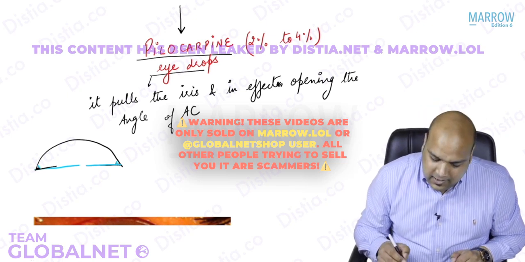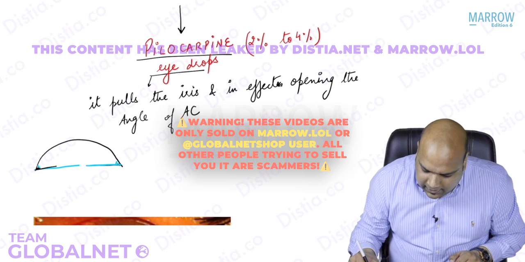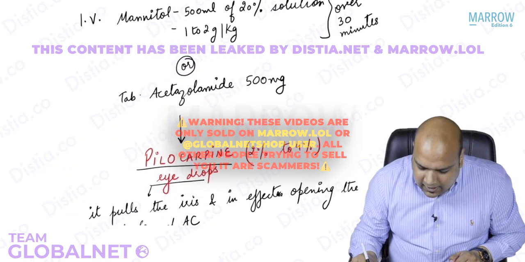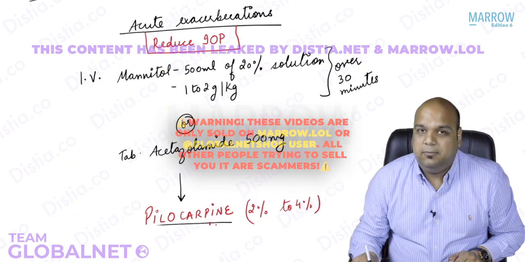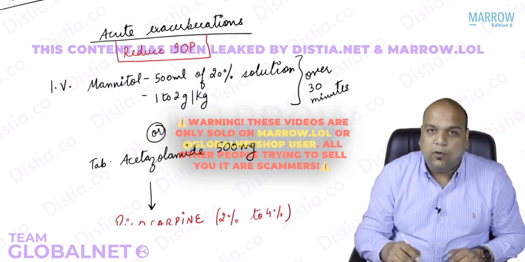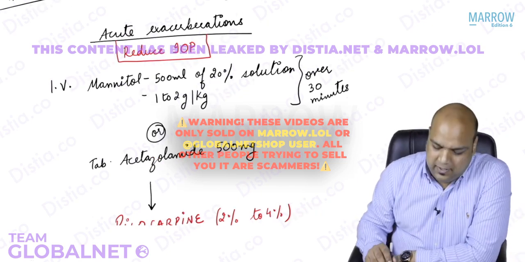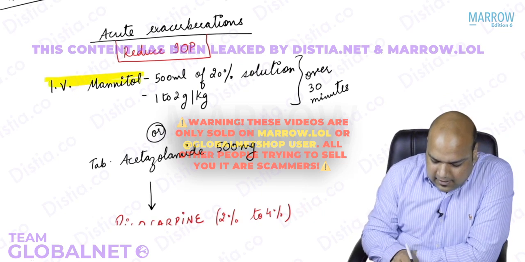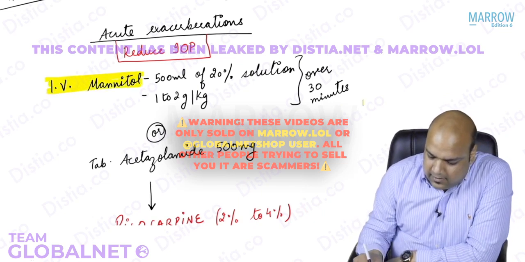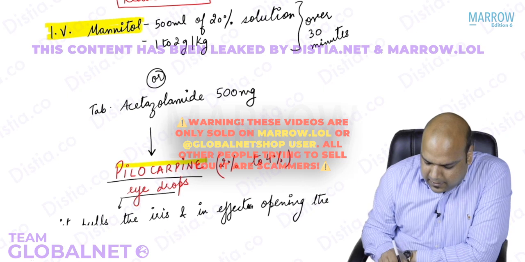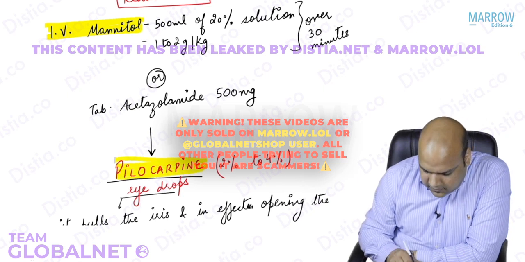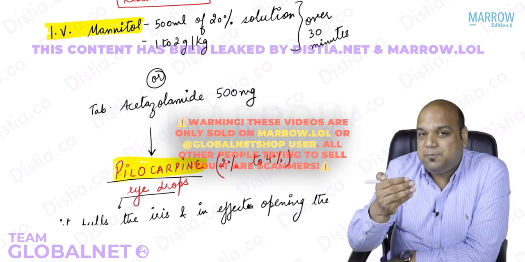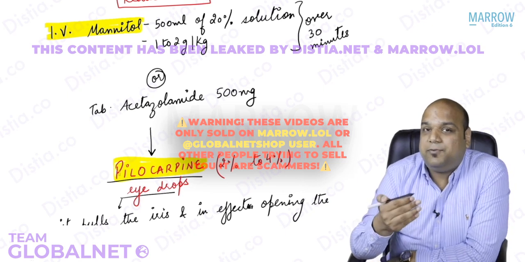Yes? Now comes the question in my mind, what is the drug of choice for angle closure glaucoma? Yes, that is a question which we often come across. We are often asked. So we have two candidates. The first candidate is intravenous mannitol. The second candidate is pilocarpine. Okay. So as I've explained to you just now, both are required, one after the other.